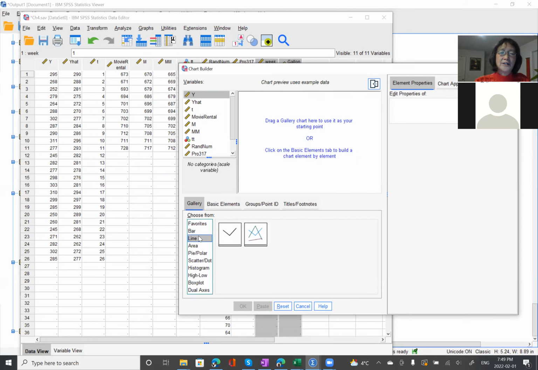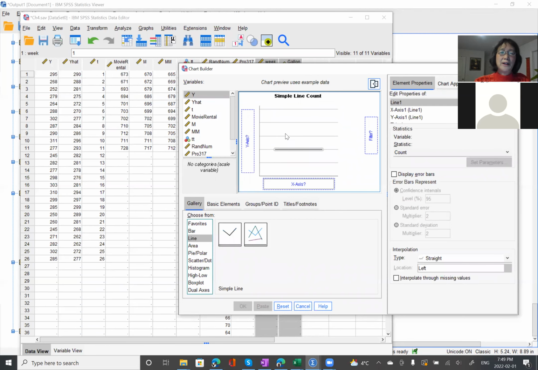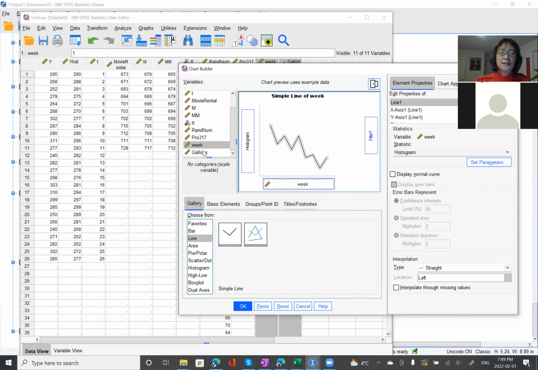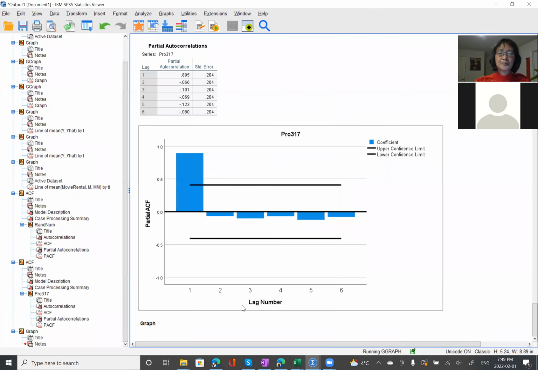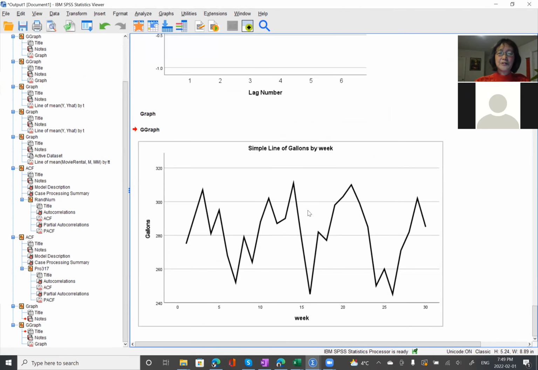I want a line chart, so I move this. Who is my X? The weeks is my X, and the gallons is my Y. Okay, so this is what I want. Then I click OK. So you can produce this one, similar to Excel.